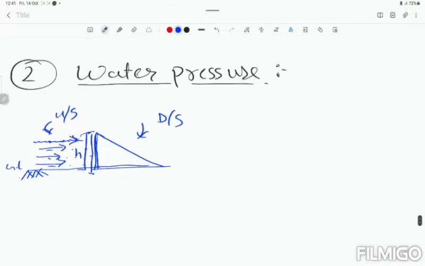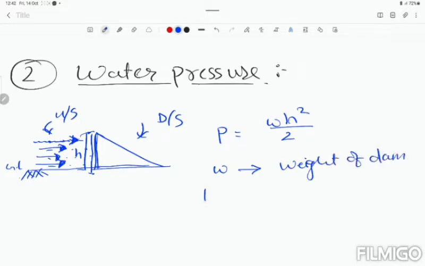First of all, such pressure we are going to study is the pressure of water. To calculate the water pressure, there is a simple formula, as we know from school algebra, dynamics or engineering mechanics: P = WH square divided by 2, where W is the weight of water and H is the height of water.